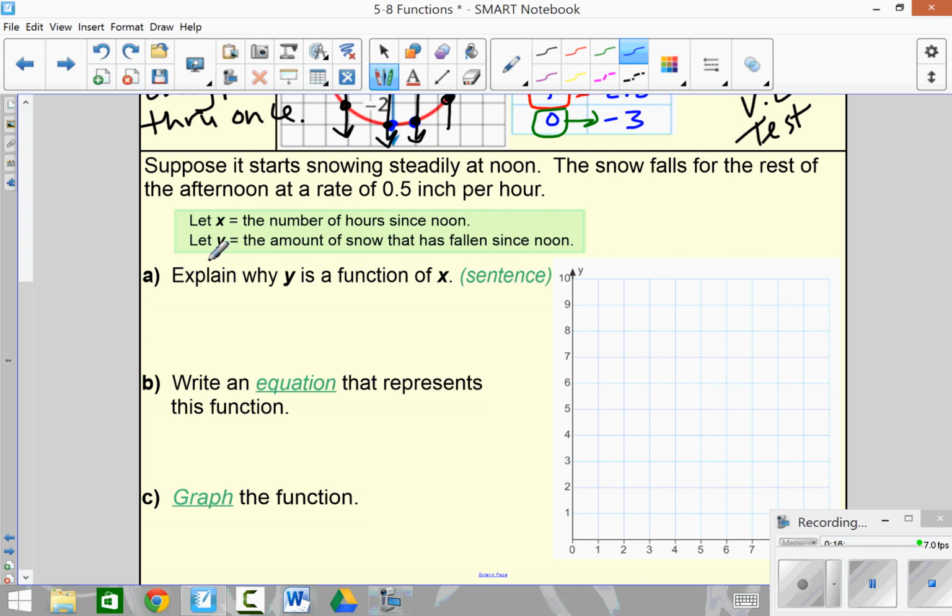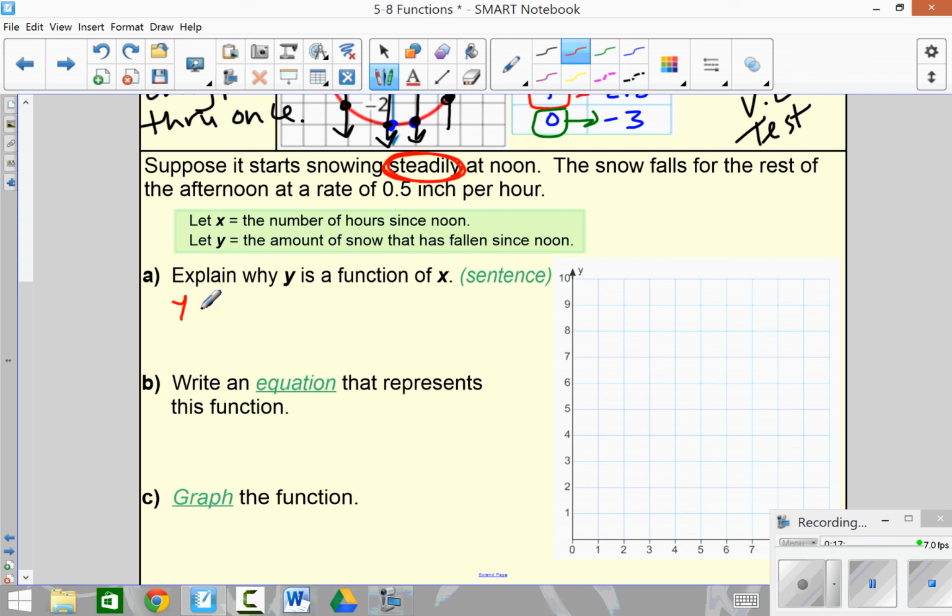Well, remember we talked about if this is a function, the y depends on the x. So let's ask ourselves, does the y depend on the x? Does the amount of snow that has fallen since noon depend on how many hours it's been since noon? Well, yes. Of course, because it starts snowing steadily, meaning it's snowing at a constant rate since noon, and it keeps falling for the rest of the afternoon at a rate of 1/2 inch per hour.